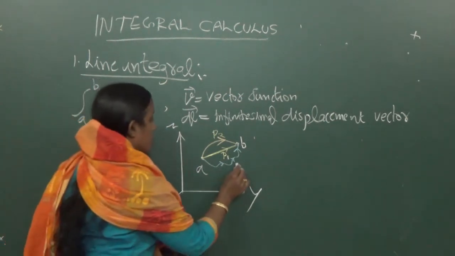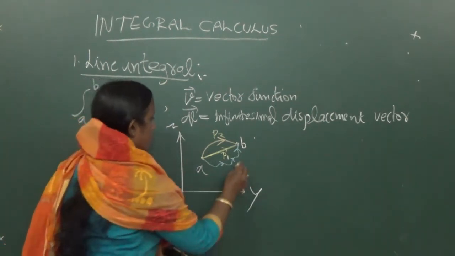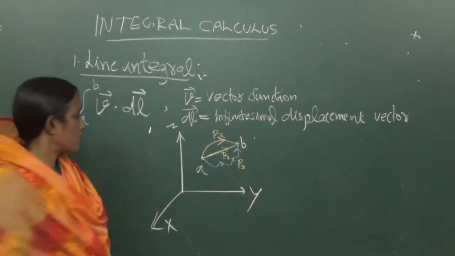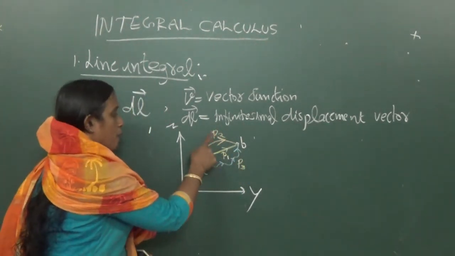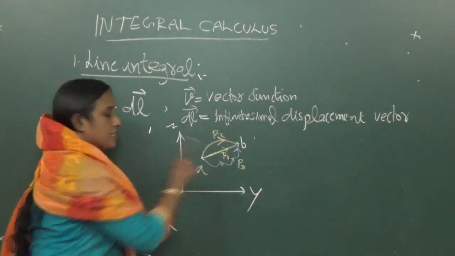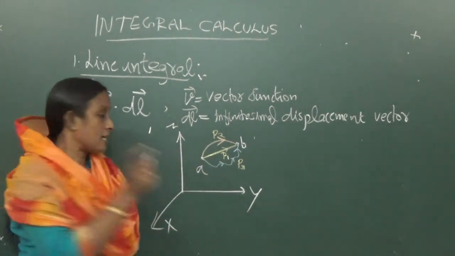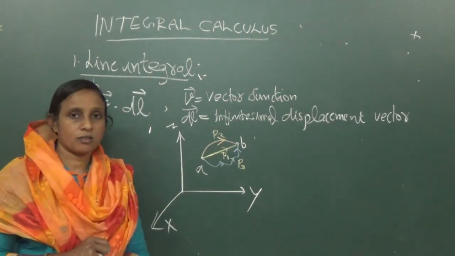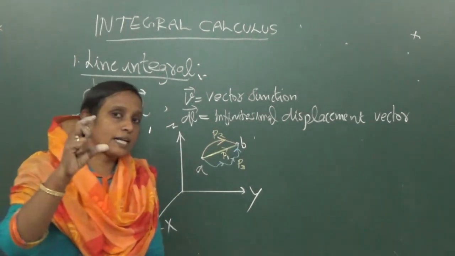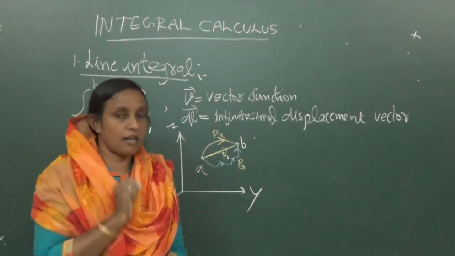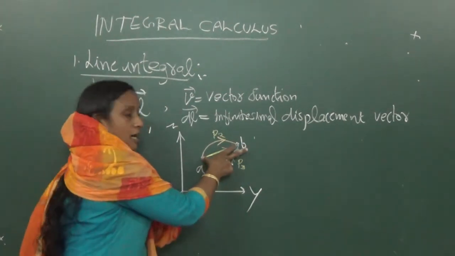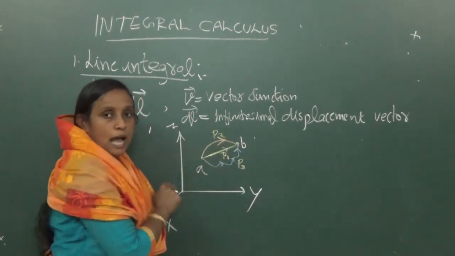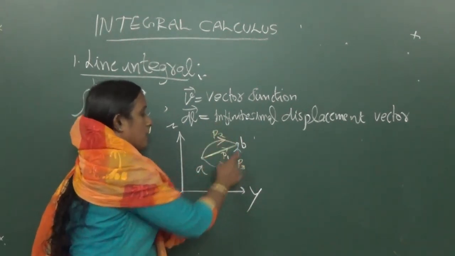All these P1, P2 and P3 are different paths connecting the points A and B. If you take the line integral over P1, it is different from that over P2, and that is different from the third path P3.